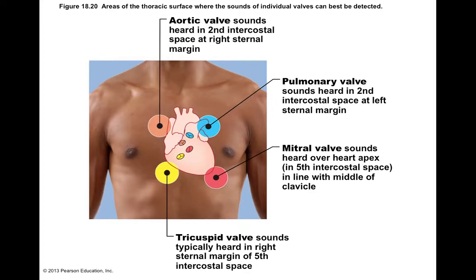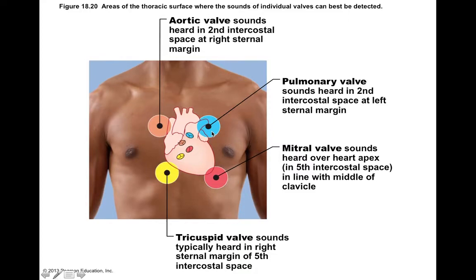Which valves closed during S1? The AV valves, right? So during the lub-dub, if you're down in the 5th intercostal space, these ones are going to sound louder, like a louder lub sound, right? If you're up high and you're listening in the 2nd intercostal space, when these semilunar valves close, those are the dub sounds, which are going to be louder while you're up there.